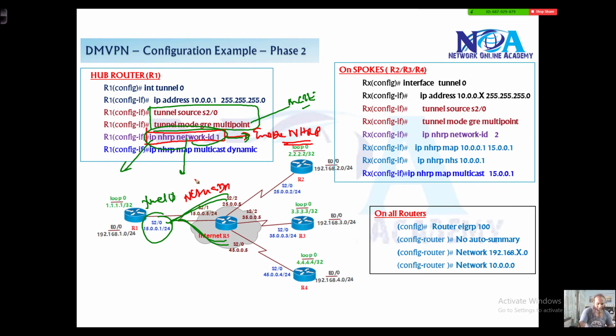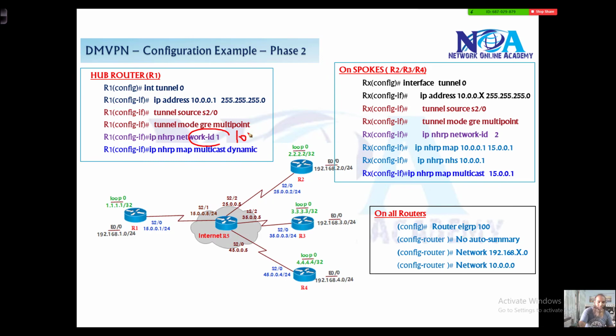And make sure that this NHRP network ID is a locally significant value, which means it's not compulsory that it has to match on the remote routers. This NHRP network ID is not transmitted in the NHRP messages, so that's why it can be different.